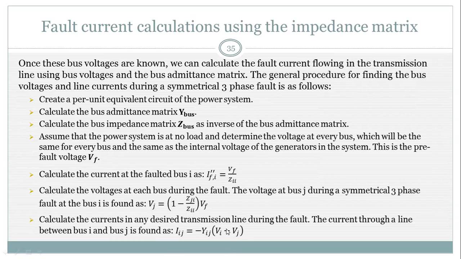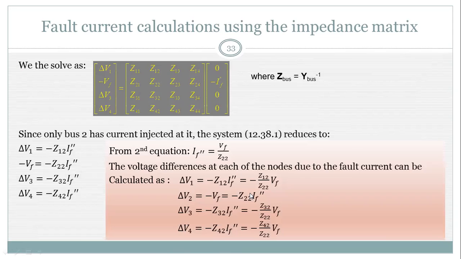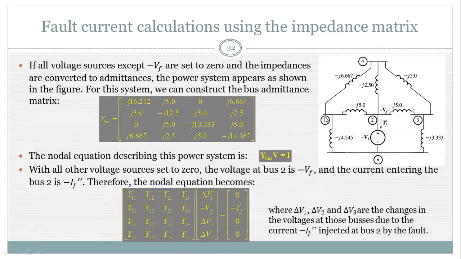And finally, if we want to calculate a branch current, for example the current flowing from bus 1 to bus 2, then after the fault occurs the equation should be bus voltage V1 minus bus voltage V2 into the branch admittance.